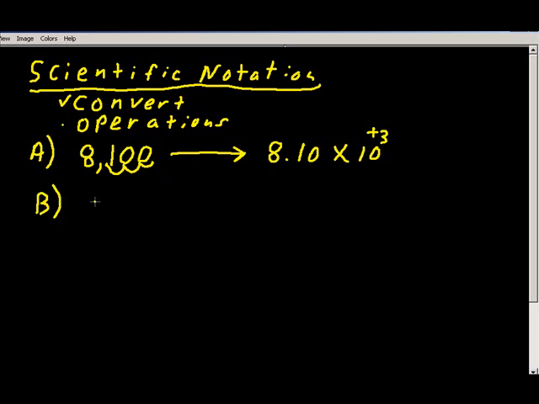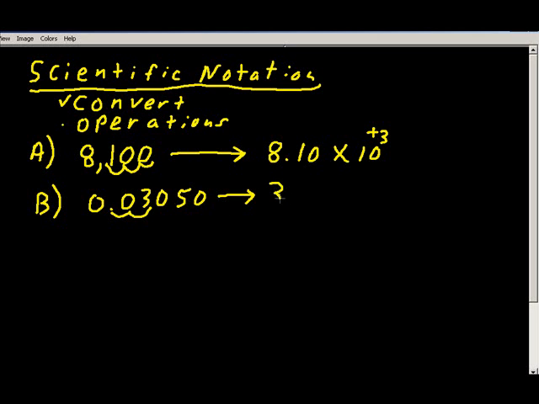Now let's take a look at a second example of converting. In this example, we're going to take the number 0.03050. We're going to convert that number. To do that, once again, we want to move the decimal so that the leading number is followed by a decimal.